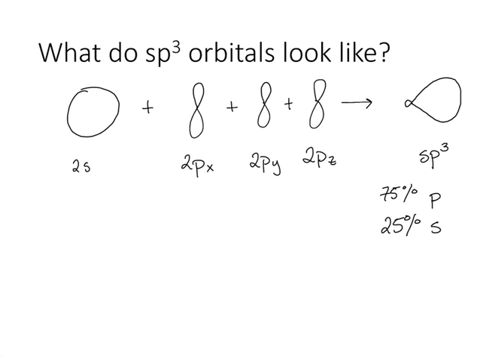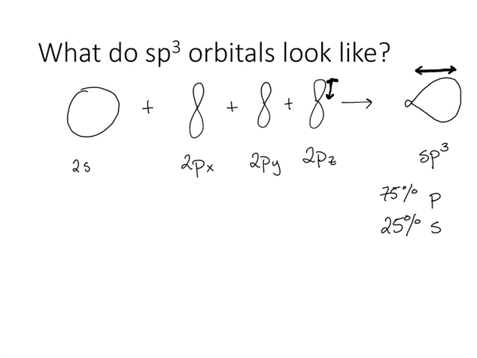Now the other thing is, if we were able to measure the length of a lobe on the p orbital, it would actually be longer than the length of the lobe on the sp3.